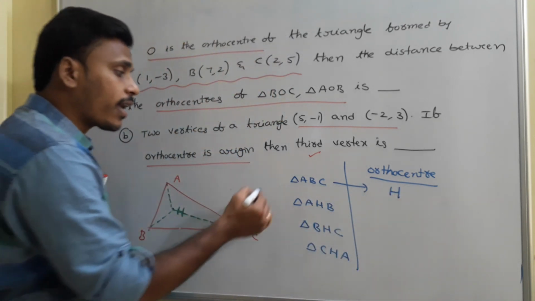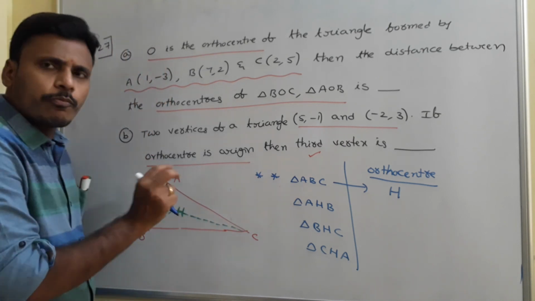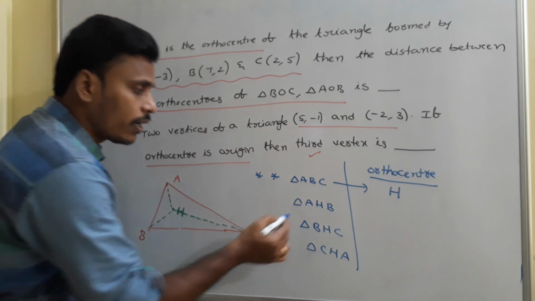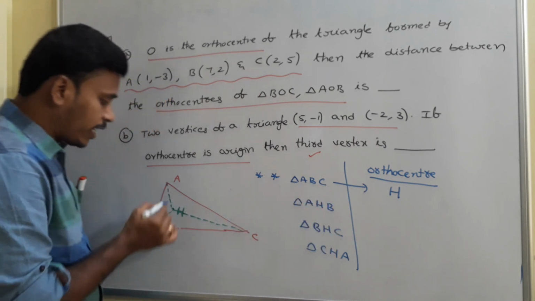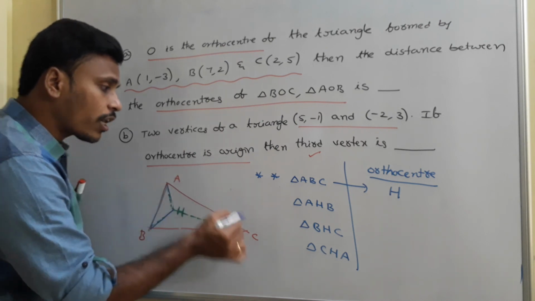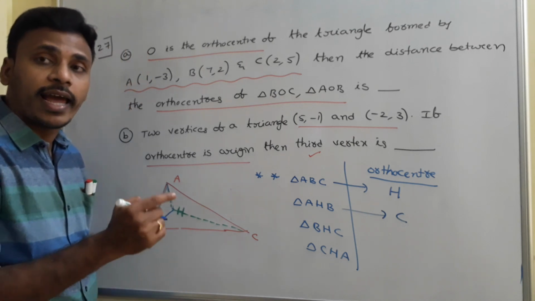If for triangle ABC its orthocenter is H, then by the definition of the altitude along with the orthocenter, for triangle AHB the orthocenter is C. The orthocenter is sometimes outside the triangle if the triangle is obtuse.